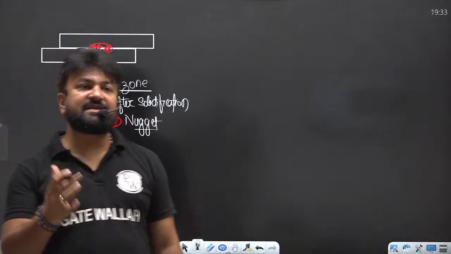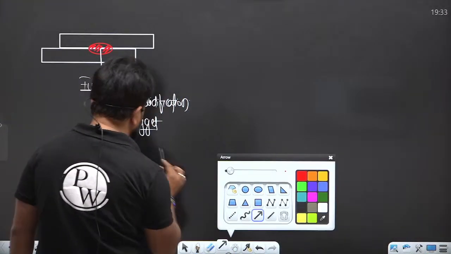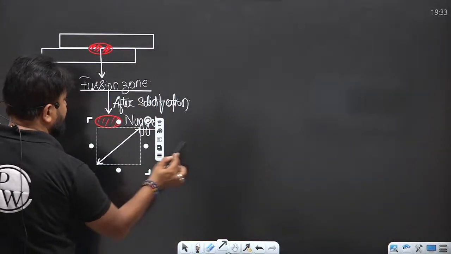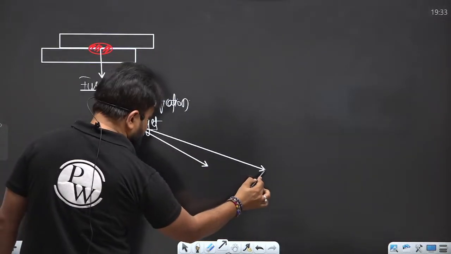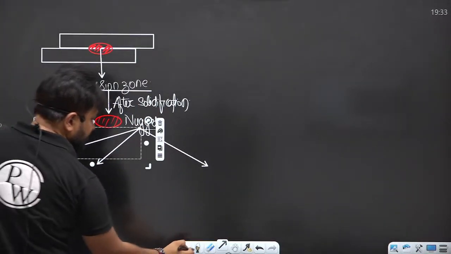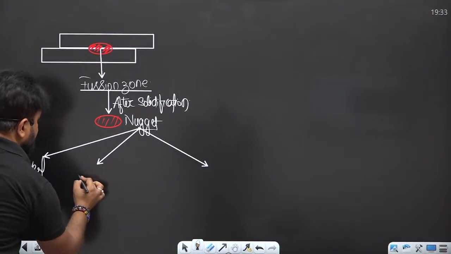Further, you can see that the nugget can have different shapes. This nugget may be of cylindrical shape, spherical shape, or oval shape. Let me write it down here.